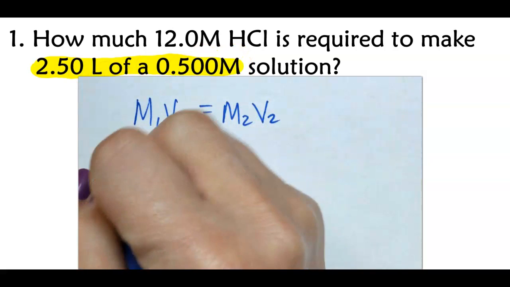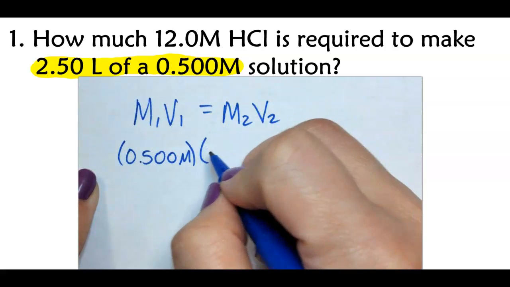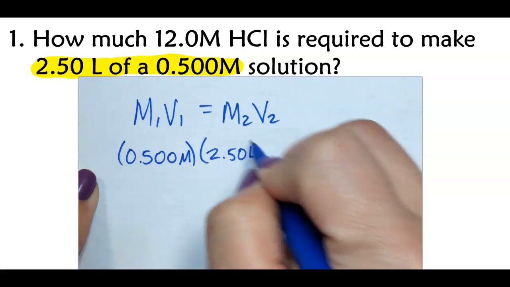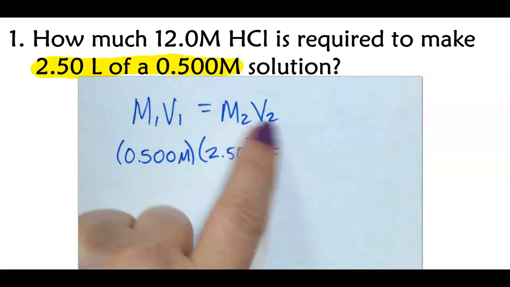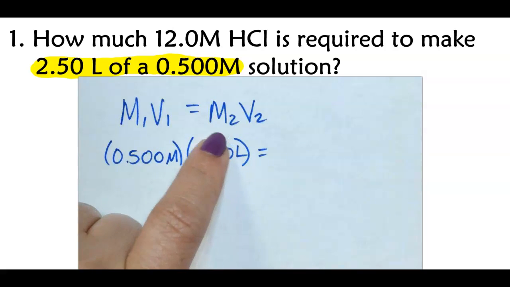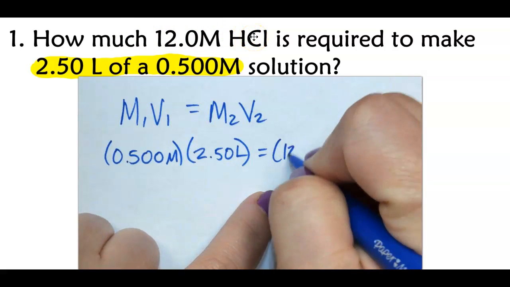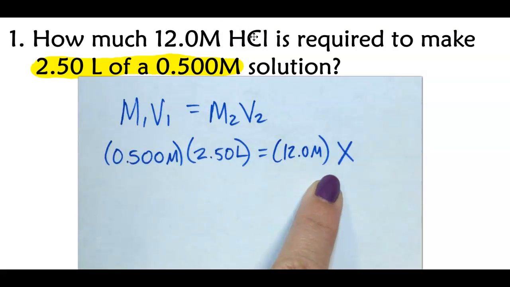So my M1 is going to be 0.500 molar. My V1 is going to be that 2.50 liters. As long as you get the two things side by side together, whether or not you make them your 1s or your 2s doesn't really matter. All right, so now let's look at the rest of the question to find the M2 and the V2. 12.0 molar hydrochloric acid is my M2, and therefore V2 is my X. I must be solving for that.